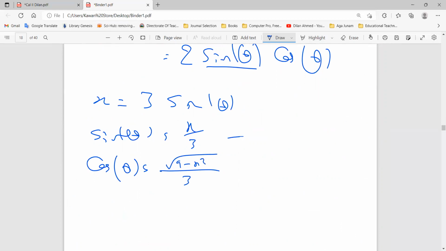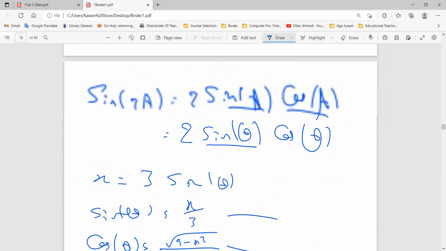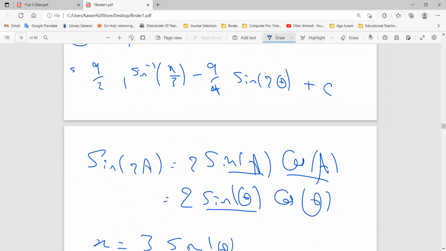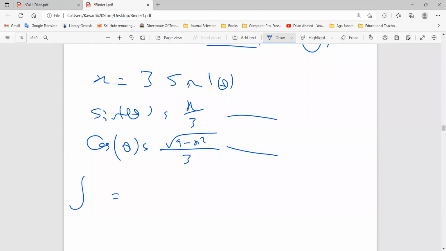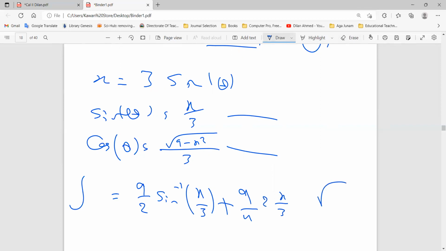Now, substitute that one. My integral will be 9 over 2 sine inverse plus 9 over 4 times 2 sine of theta cosine of theta plus c, and multiply these numbers.